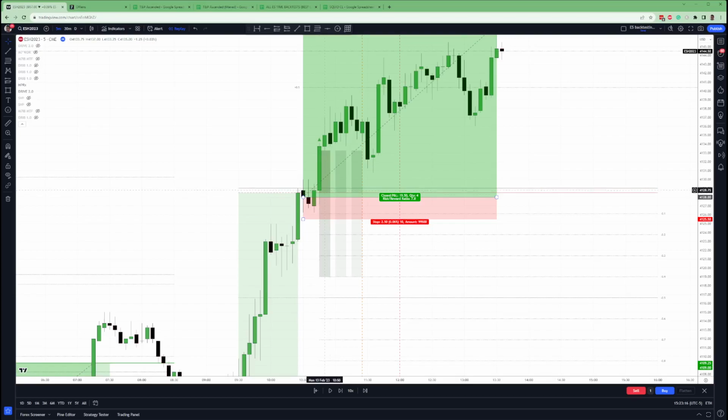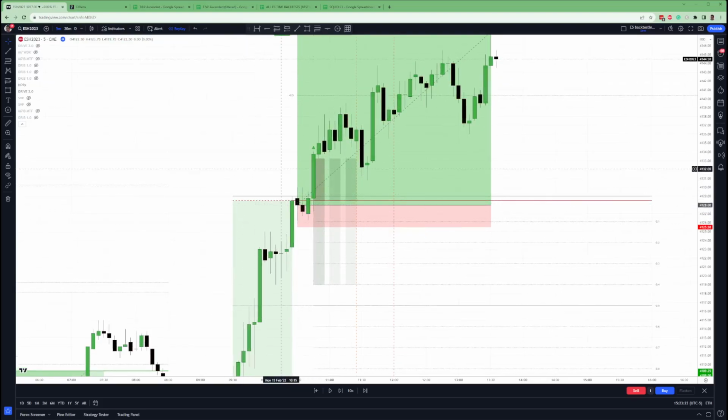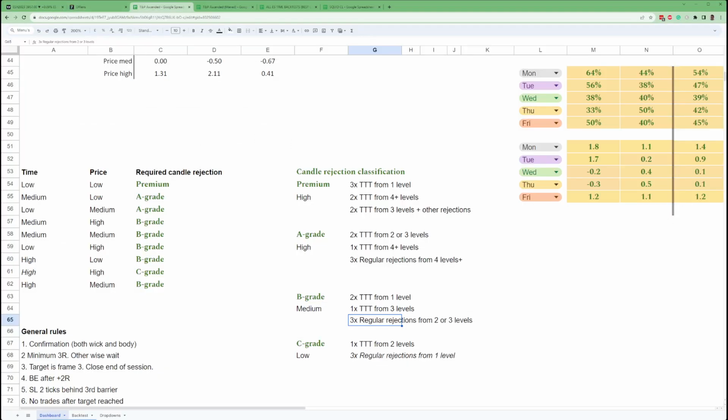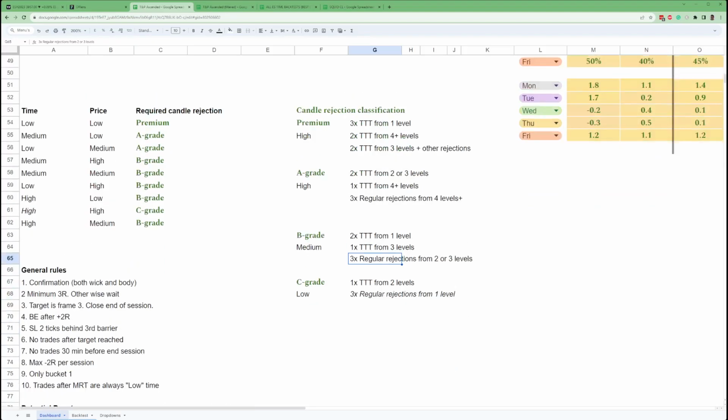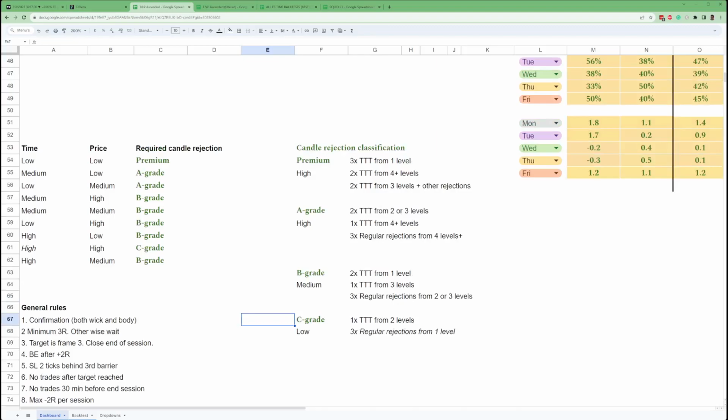So you don't see any very specific reaction, but it does reject it in some sort. So for that, if you have 3 of those subsequently from 2 or 3 levels at the same time, it's also a B grade. And if it's from 1 level, we could just call it a C grade as well. So that should be clear.